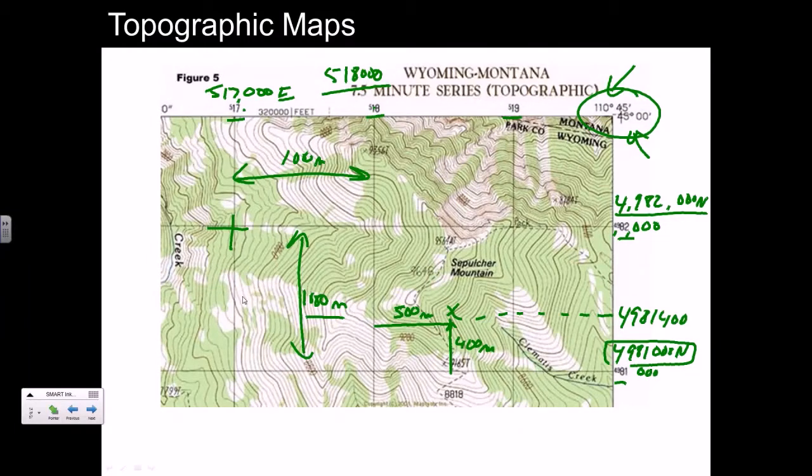And this one on the top here is 518,000. So that means it's going to be over here 518, and then we're going to add 500 meters to it, 500 to the east, and this is to the north. 518,500.